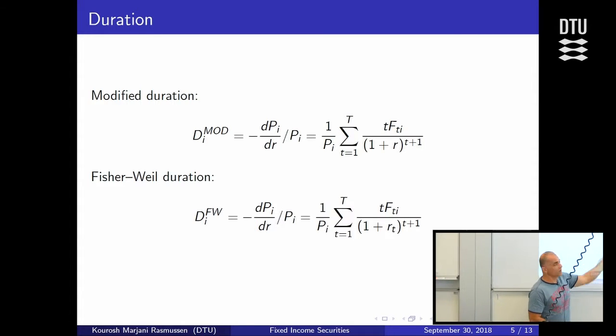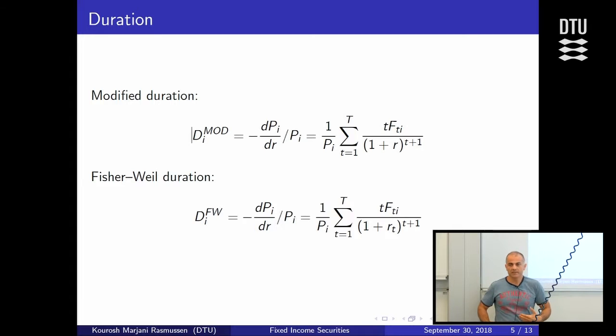And we, by the way, multiply by minus because I told you about this inverse relation, right? When the interest rates go up, the price goes down. For some reason, people in finance don't really like to work with negative numbers.